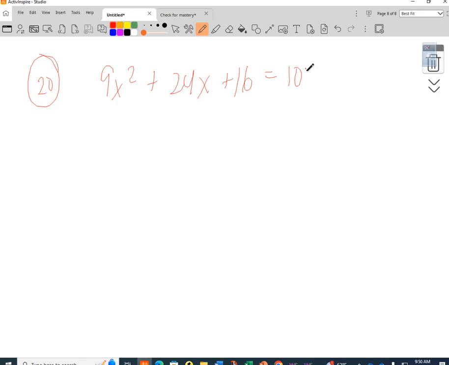So when you subtracted 10, you had 9 times 6 and 54. Is that 54? Well, if you subtract 10 here, right, you're going to get 9x squared plus 24x plus 6, right? So 9 times 6 is 54. That's your middle term.